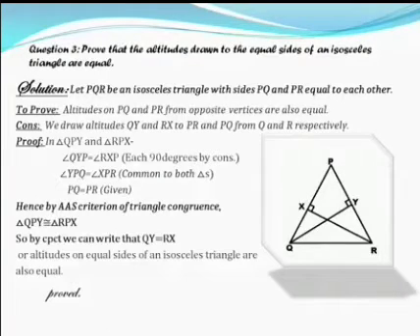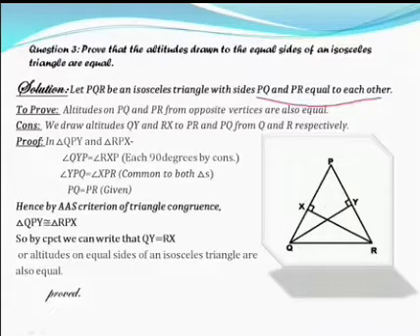For this also, we need to take a construction. Here, I have drawn QY perpendicular to the side PR and RX perpendicular to the side PQ, and we have been given that PQ and PR are equal to each other.